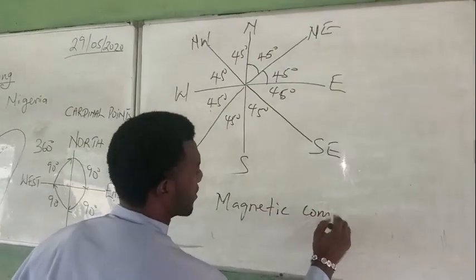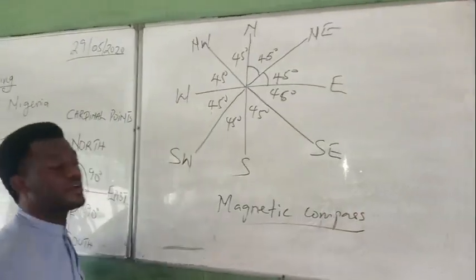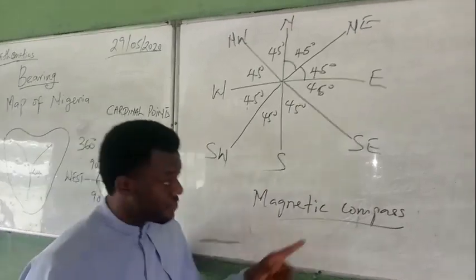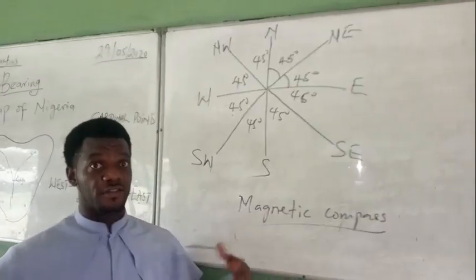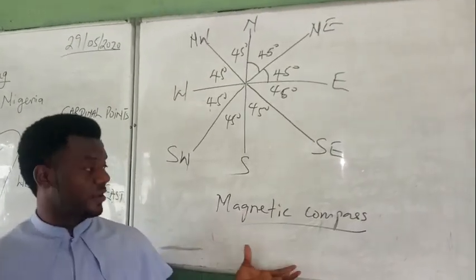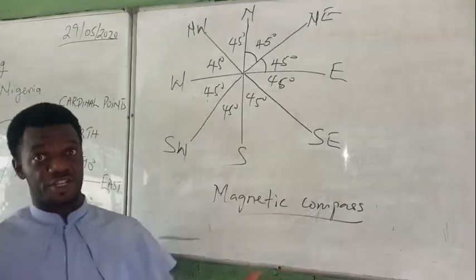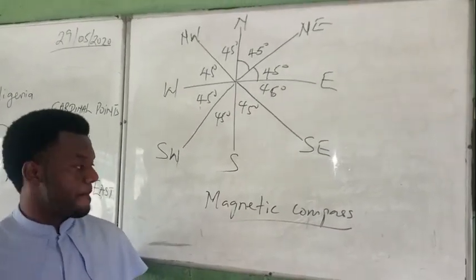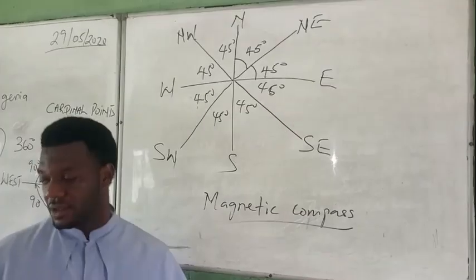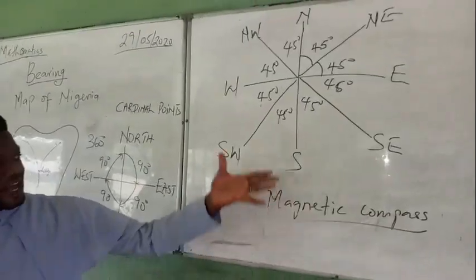This magnetic compass is the instrument that the sailors or the pilots piloting the flight use to detect direction. So this is about the major directions in mathematics.